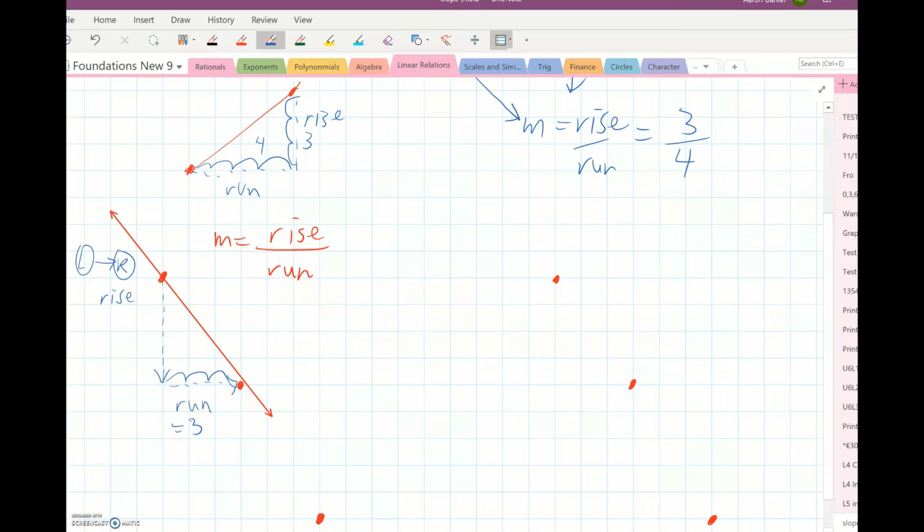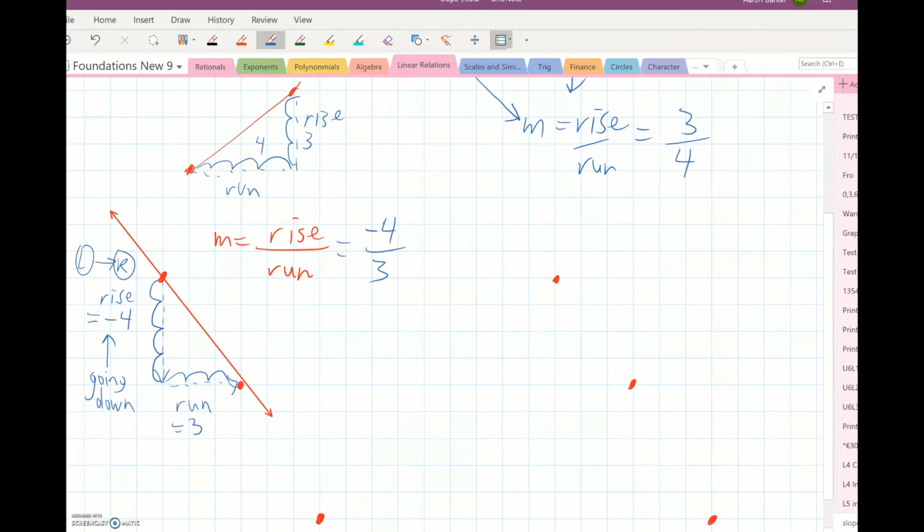My run equals 3, so I can put that in the bottom of my fraction. Now what about the rise? Well, I don't rise. My rise equals -4, because I am going down. If I go down, I have to have a negative rise. So my slope is -4/3.